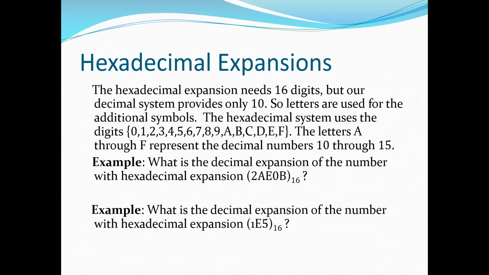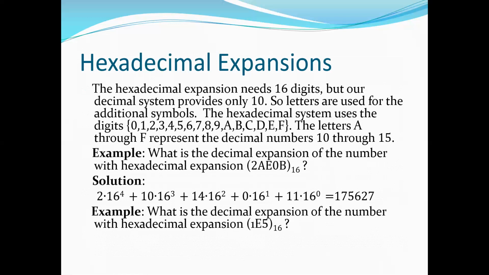And for hexadecimal, since our numerical symbols are limited to 10, we need 6 more. That's why we use letters from A to F to represent 10 to 15. If we have 2AEB1E5, we want to determine the equivalent in decimal. Again, just multiply each digit by its positional value. B is 11, E is 14, A is 10.